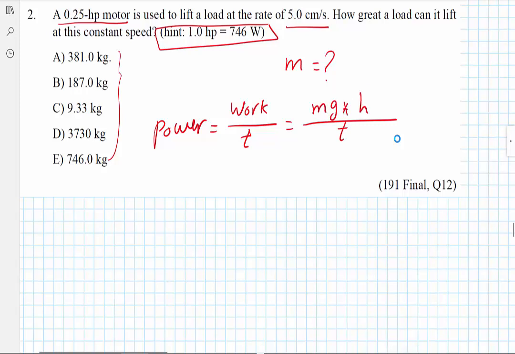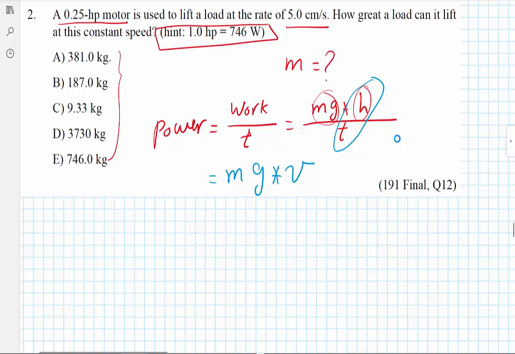So we can say that this work is mgh, because it's the work done to lift an object against gravity. mg is the weight of the object, and h is the height. Height over time, or the distance over time, gives you the speed. So we can rewrite the equation as mg times v, and v here is the speed of the object. So the power can be given as a force times speed, or in this case it's the weight times the speed.